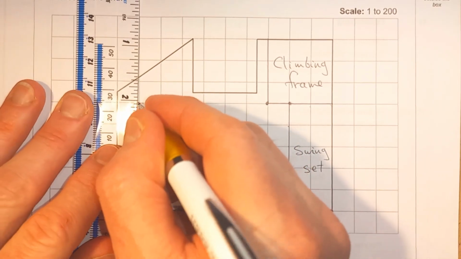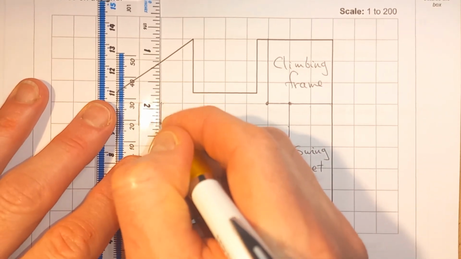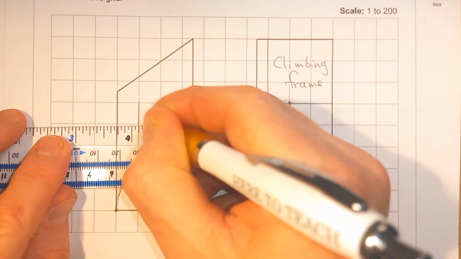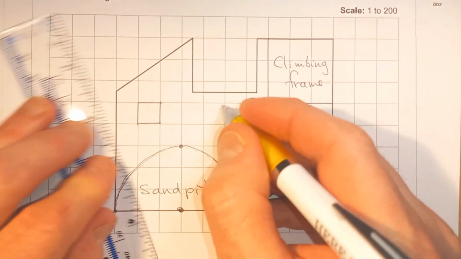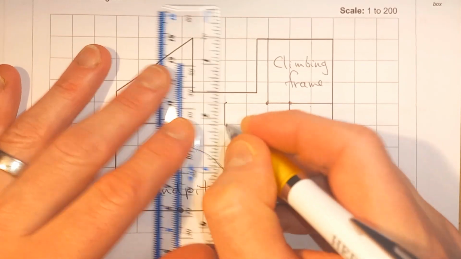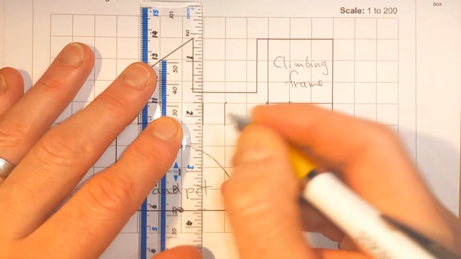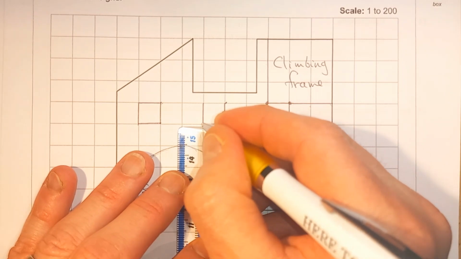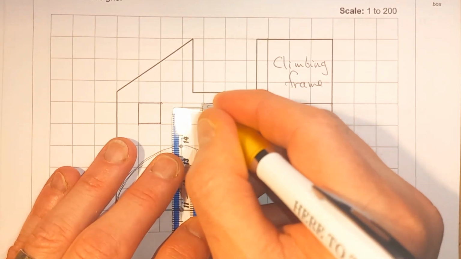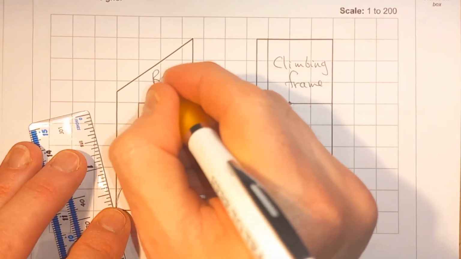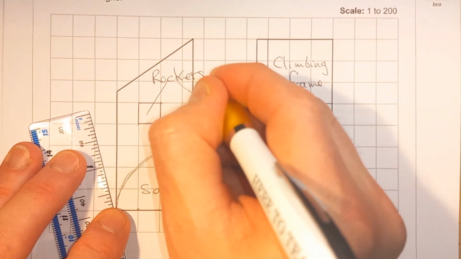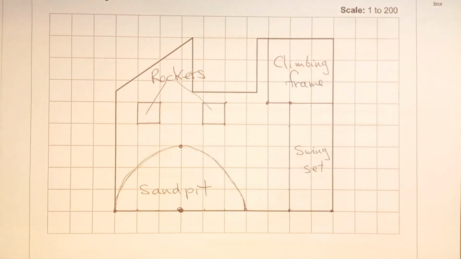Let's put one here, and maybe another one here. Okay, and we'll label these rockers. So we've got everything on there.